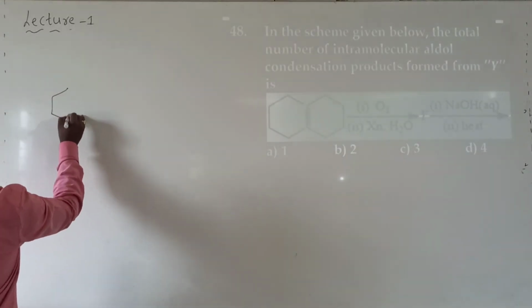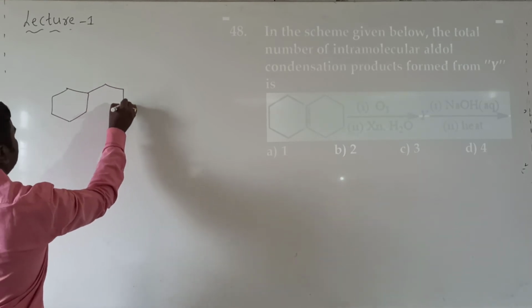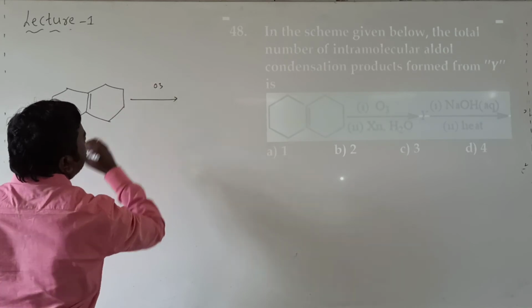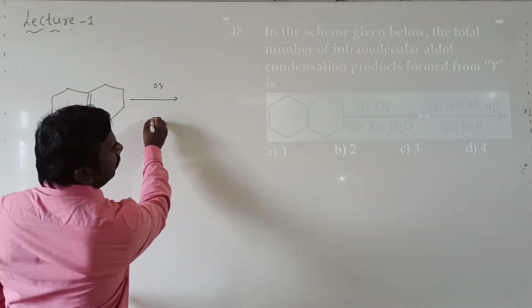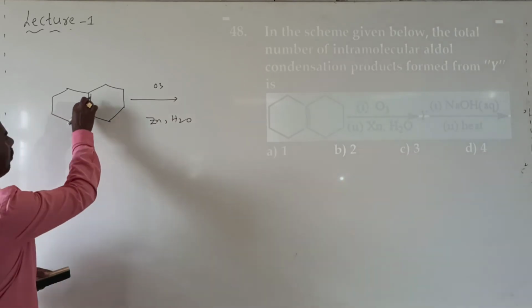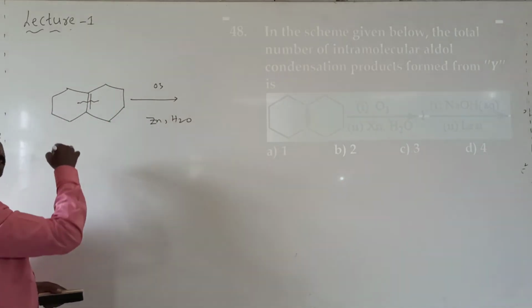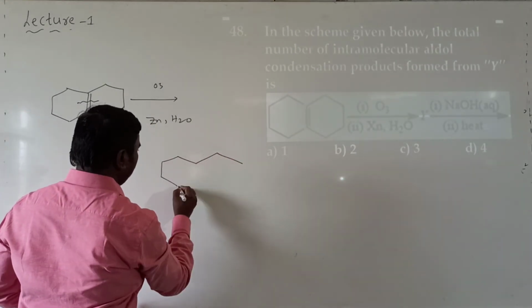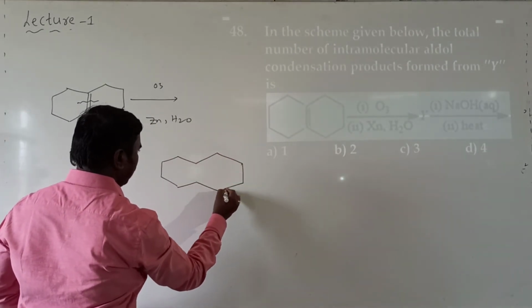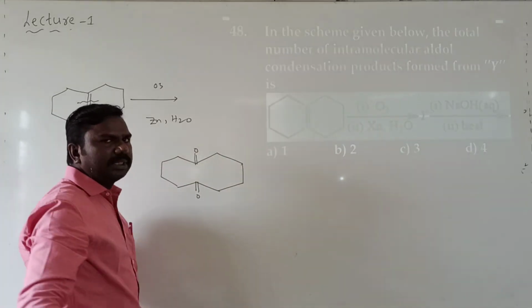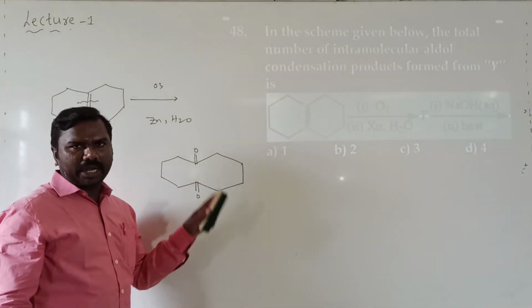So the given compound on treatment with ozone plus zinc and H2O, the double bond will be broken, 2 oxygens will be added. Then you will get the double bond broken, 2 oxygens added.